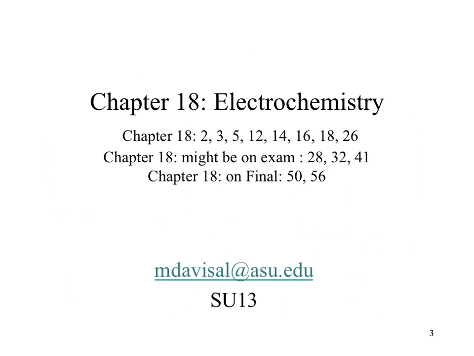So, electrochemistry. I just left up the numbers. I didn't actually change them at all here. Chapter 18 on the final, those two questions for sure. You will see things like those. And then there's a few corrosion questions as well that will pop up, because those didn't actually make it onto exam 3.